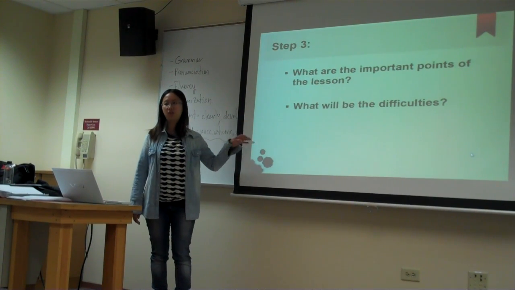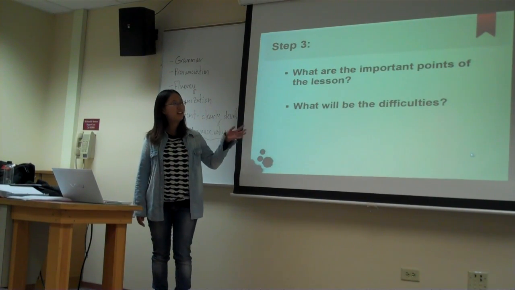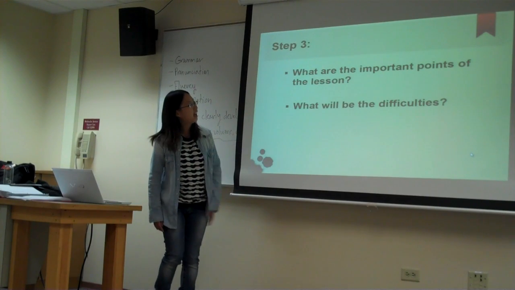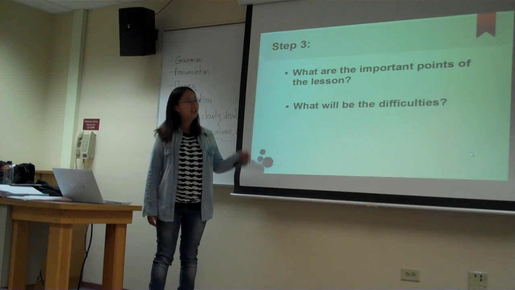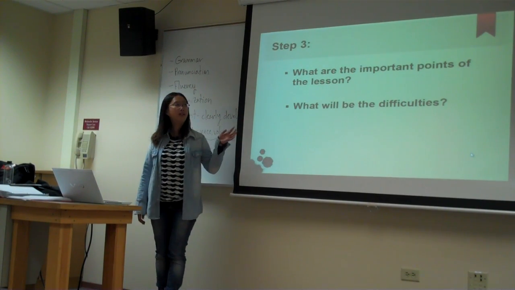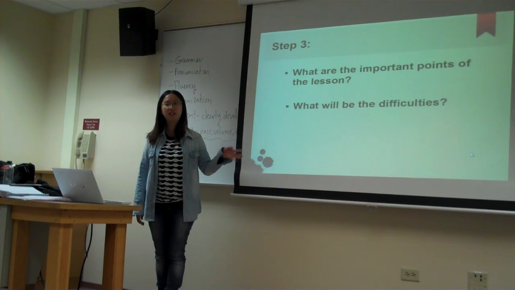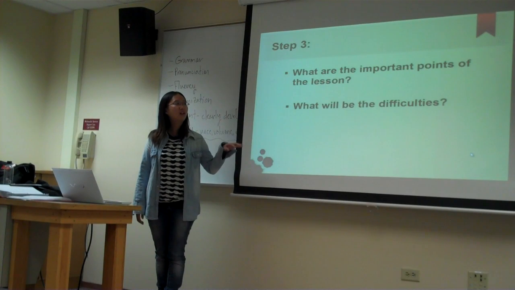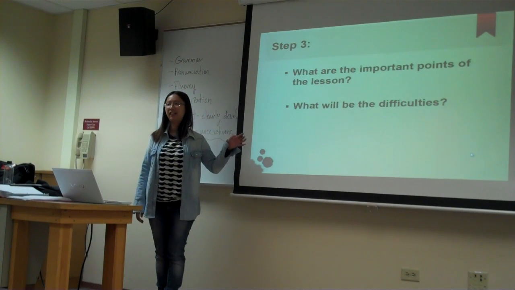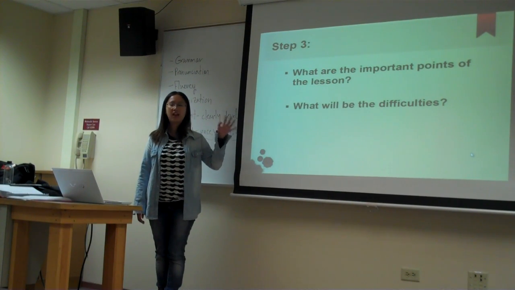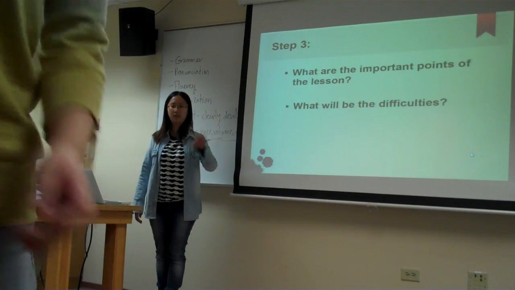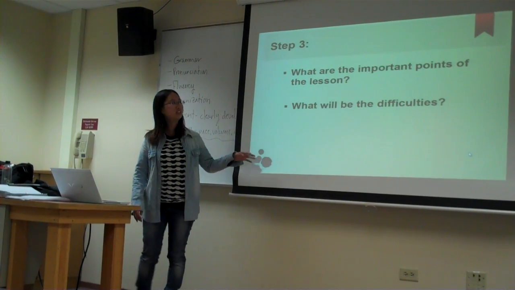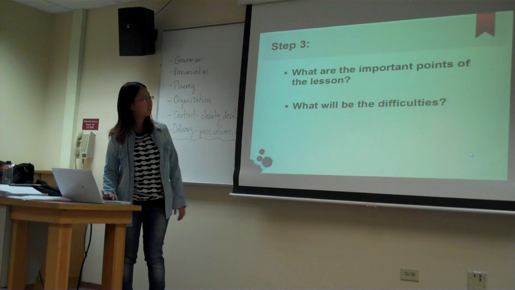Otherwise, they don't know which one is the important point. Your important points must follow the syllabus. What you teach in class must help students get through their tests and examinations.